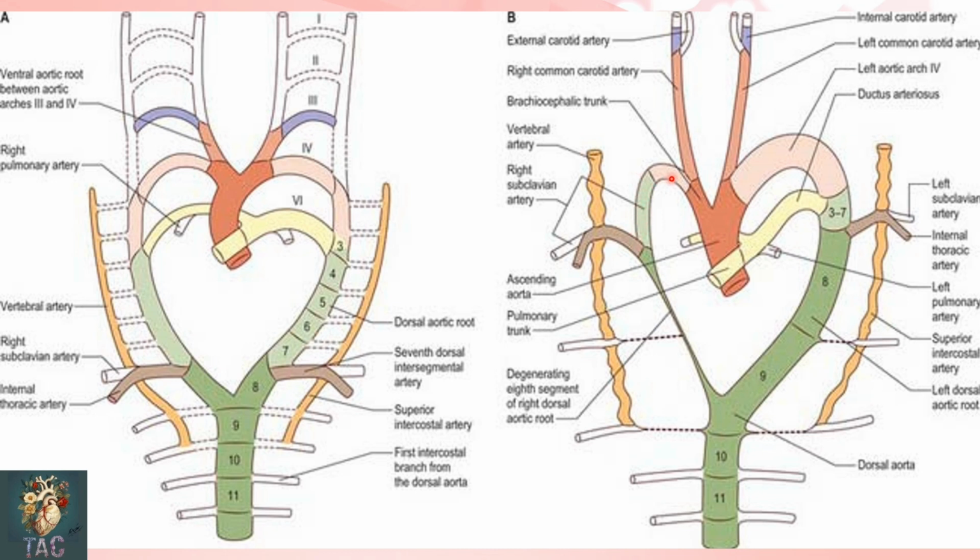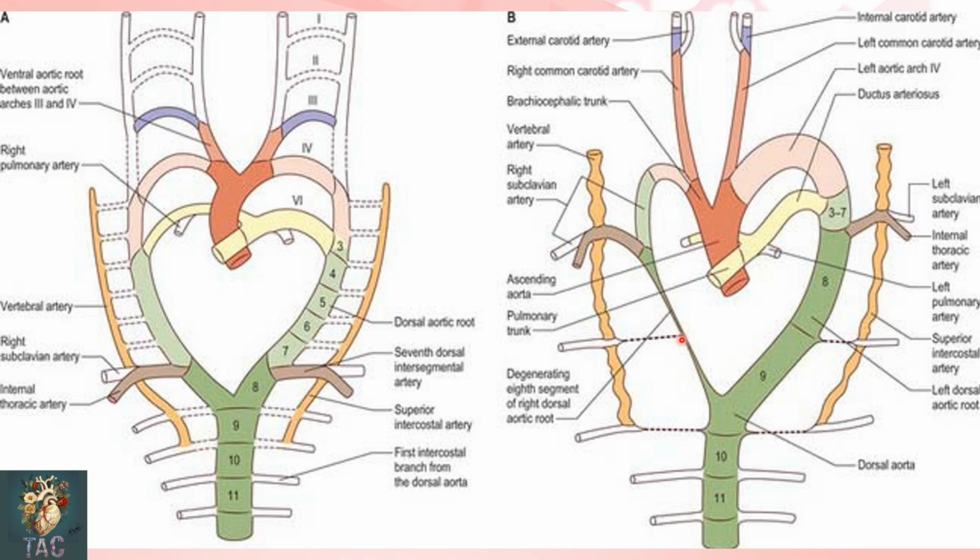So remember, the right subclavian artery proximal part is formed from the 4th aortic arch, and the distal part is formed from the 3rd to 7th intersegmental part of the dorsal artery, and this is again the internal thoracic, and this will form the right subclavian artery. The area between 8th to 9th where the junction is taking place, this area of the descending dorsal artery on the right side will be obliterated.